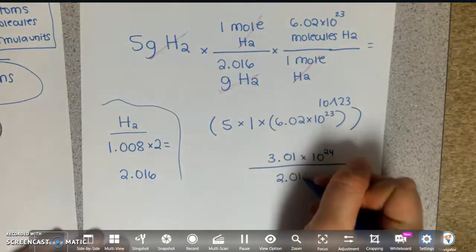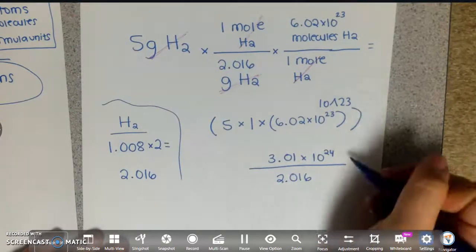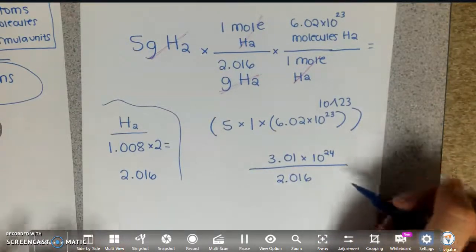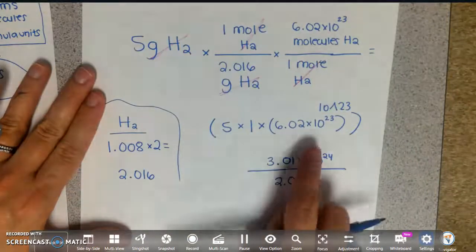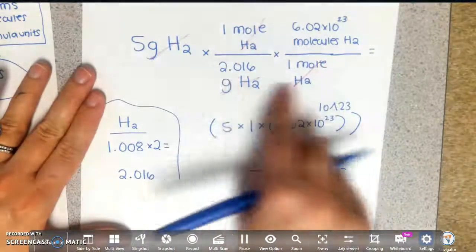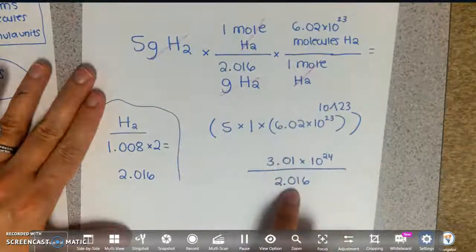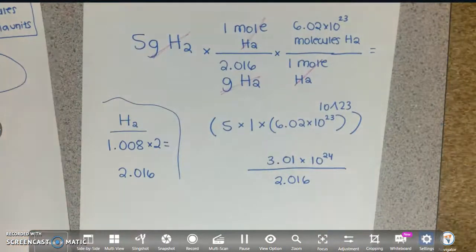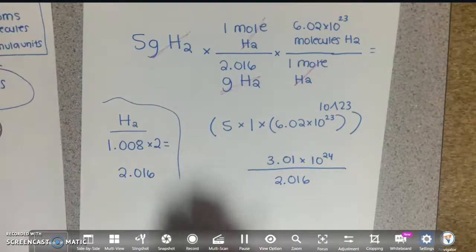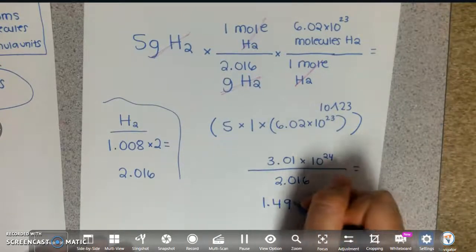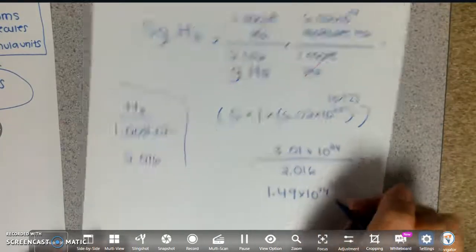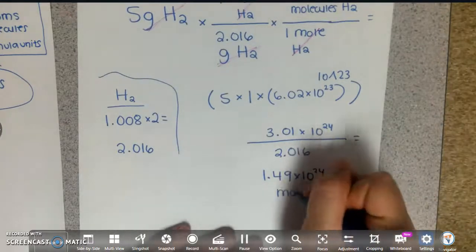So now I need to divide the top by the bottom. You multiply all of this together, and that's that number. You multiply the bottom together, that's that number, and then you divide. And your final answer is 1.49 times 10 to the 24 molecules of hydrogen.